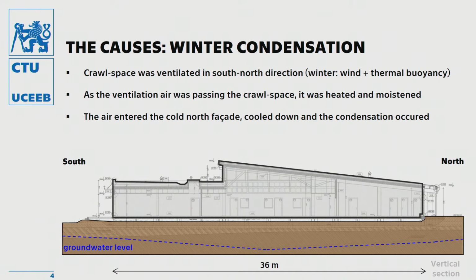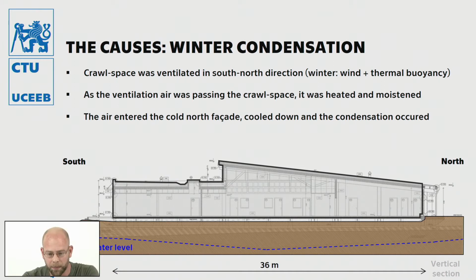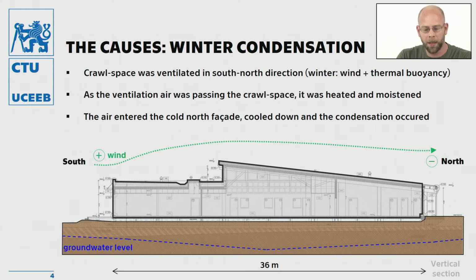What were the causes? At first, winter condensation. Here it's important to mention the ventilation regime of the crawl space. It was ventilated from south to north, and in winter it was due to the combined effect of wind and thermal buoyancy.